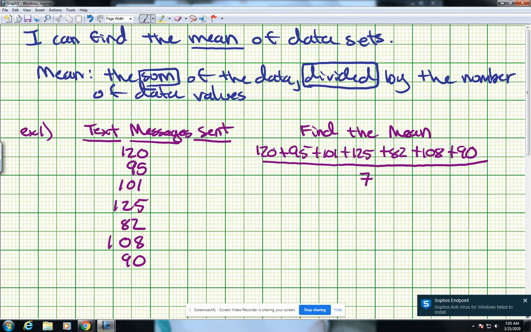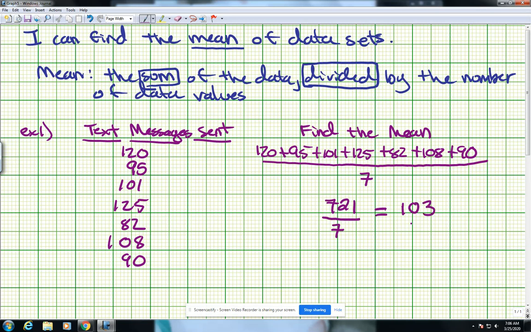So after we get that answer on the top, we will then divide that answer by 7. So this gives us our math work here. And if we add all those together, our magical answer here is 721. So we have 721 divided by 7. And when we do that division, we end up with a whopping 103. So our mean is going to be 103 text messages.